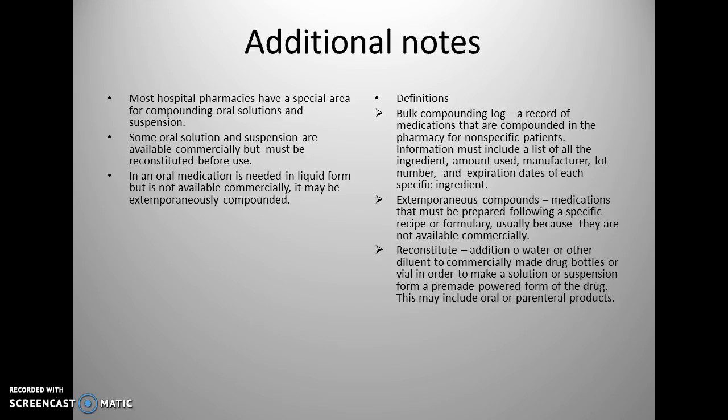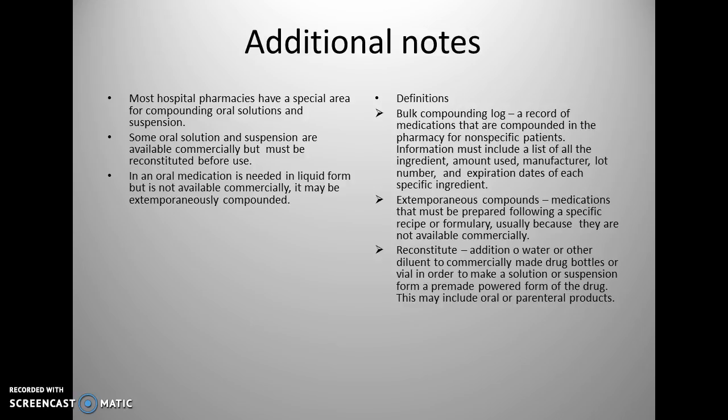Extemporaneous compounds are compounds that are made by using a specific recipe or formulary, and then reconstituted. That means adding water or the diluent to maybe a powdered drug or a gel drug in order to make it become a solution or suspension.